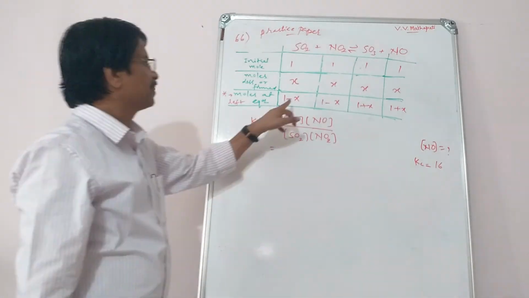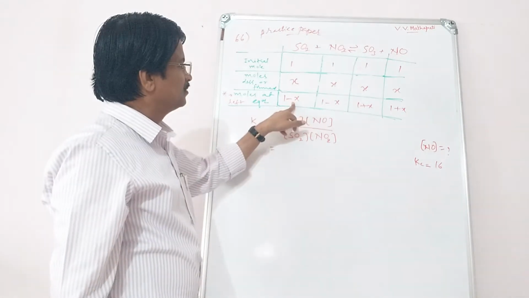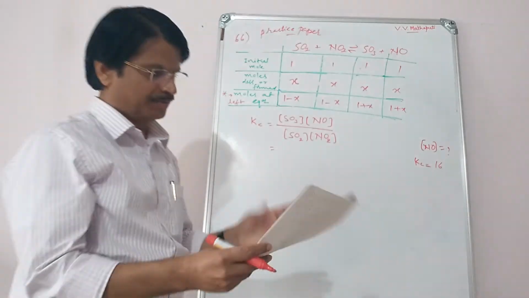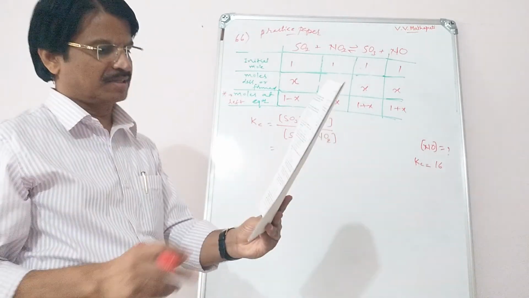Then 1 minus x moles, but is the volume of the vessel given in the question?